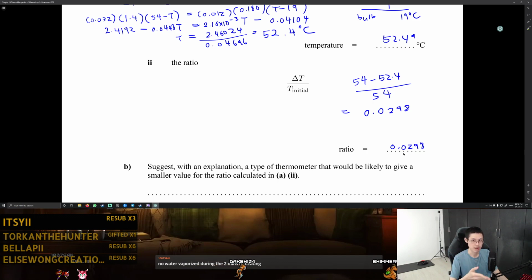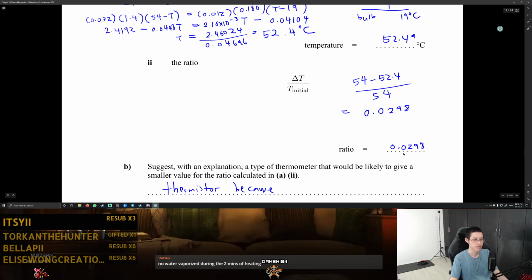And the reason it's very sensitive is because the specific heat capacity is very small. So you want to use a thermistor because the C, the specific heat capacity, is smaller. Okay, so that's it.